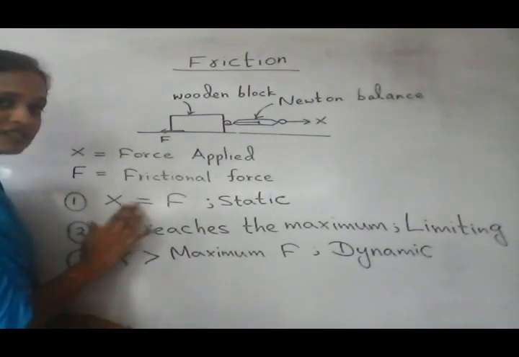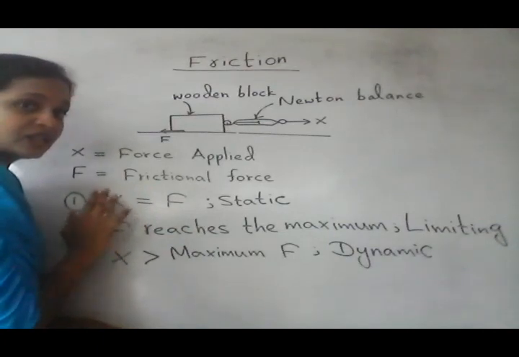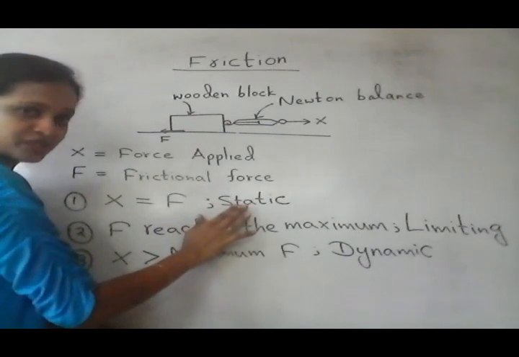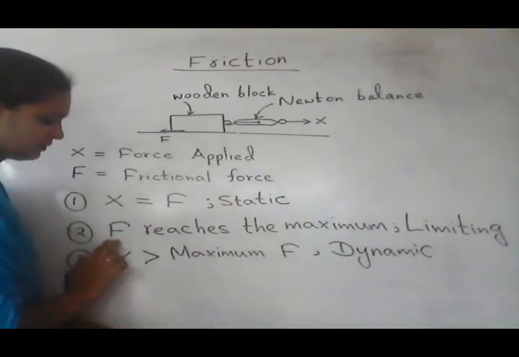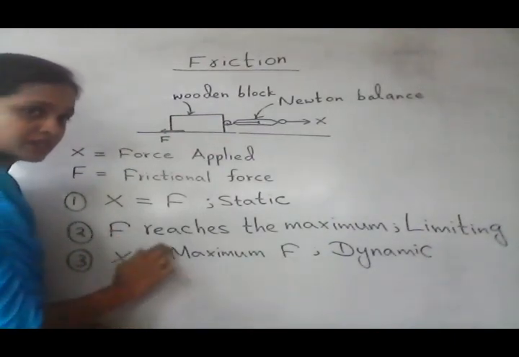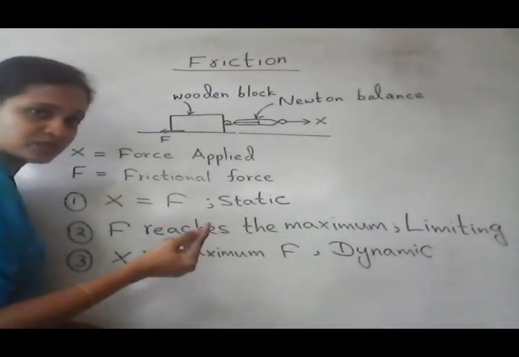Right, these are the three instances. In the first instance, as there is no unbalanced force, or as the external force is equal to the frictional force, the object does not move. The frictional force applied in that instance is the static frictional force. Then in the second instance, the frictional force reaches the maximum value possible, which is known as the limiting frictional force, and the object just starts to move.